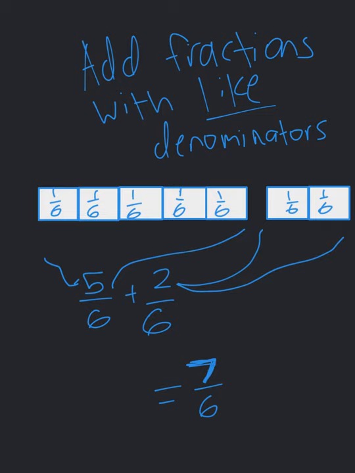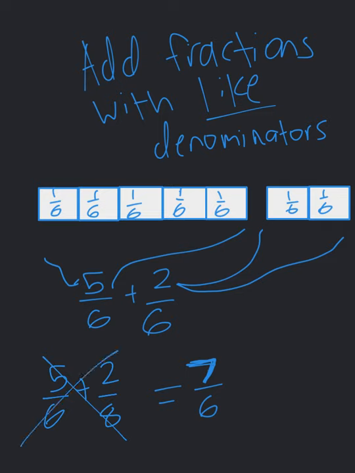So one important thing to remember is that you can only add fractions like this together if they do have the same number on the bottom, if they do have the same denominator. So for example, if this problem, instead of being 5/6 plus 2/6, was 5/6 plus 2/8, we wouldn't be able to just add those together the same way.